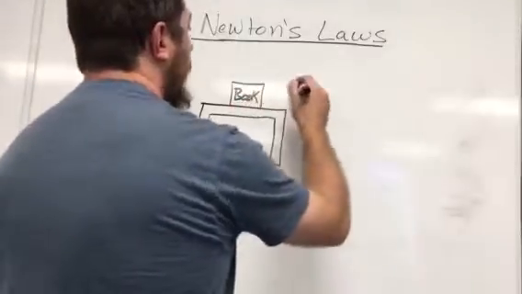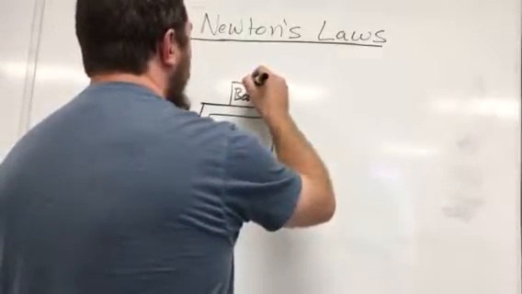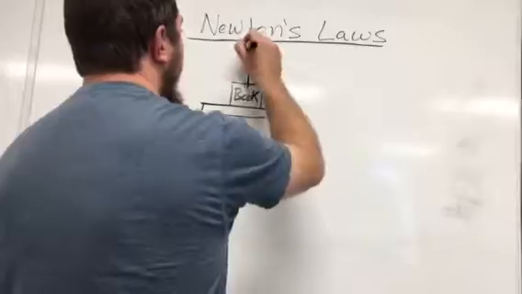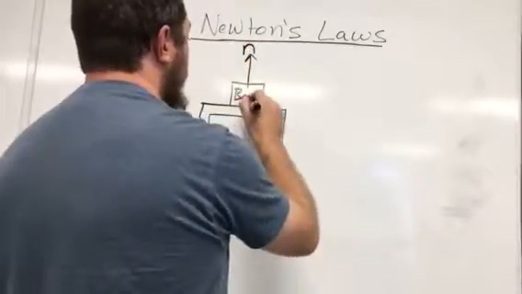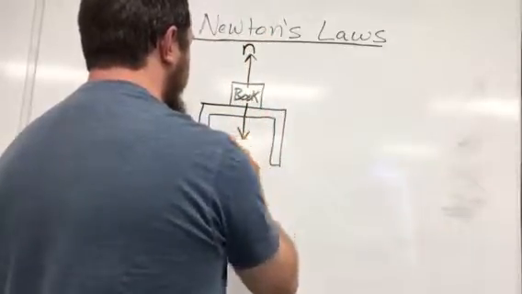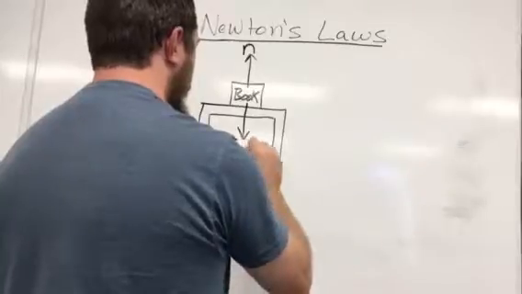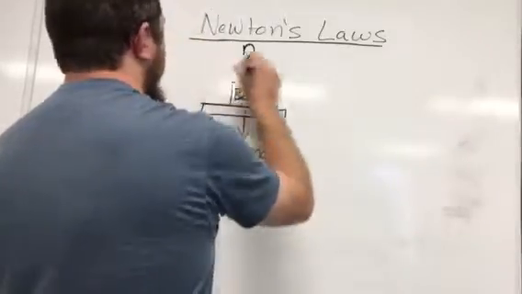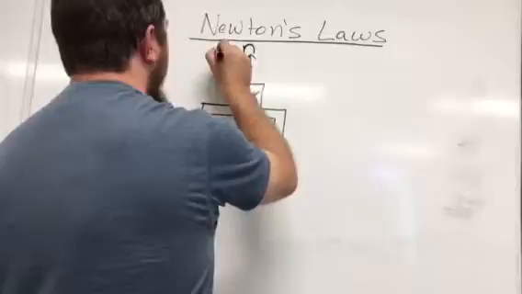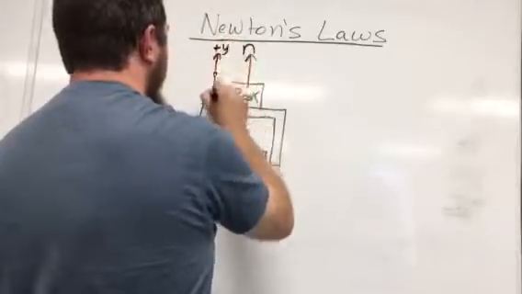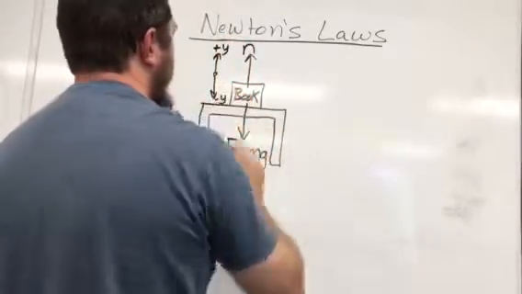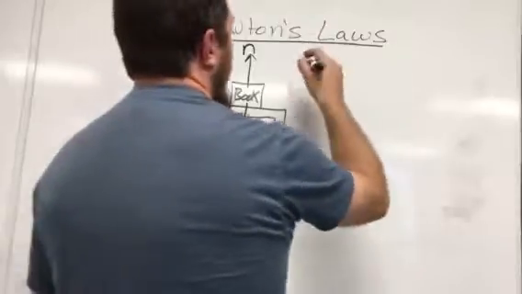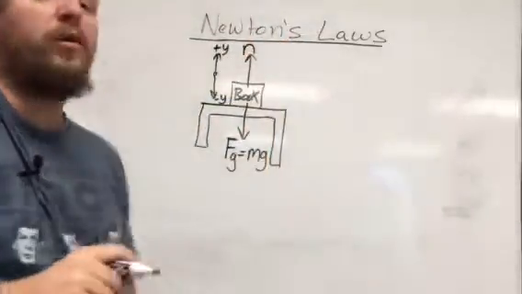So if I want to find what the value of the normal force is in this case, again, I'm going to denote upward as positive, downward as negative, and I want to know what the value of my normal force is.